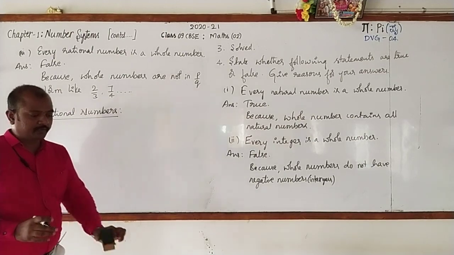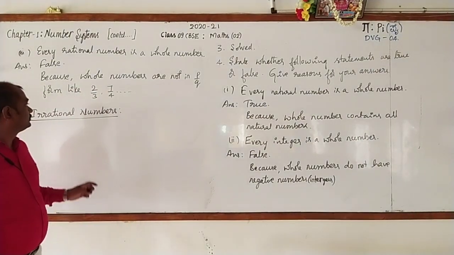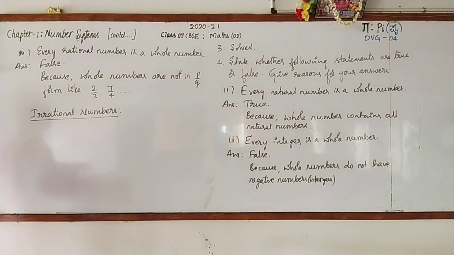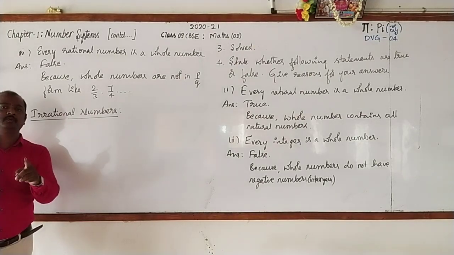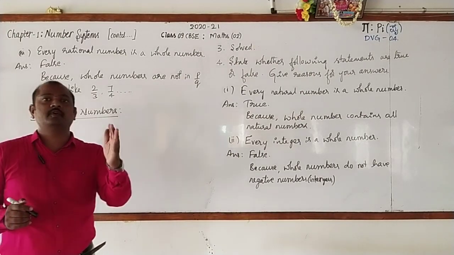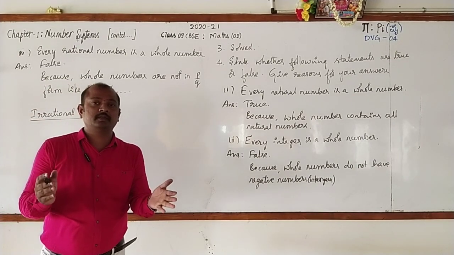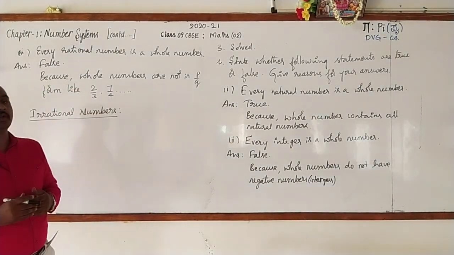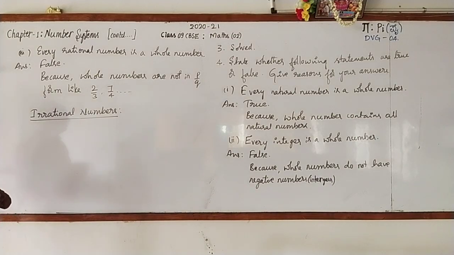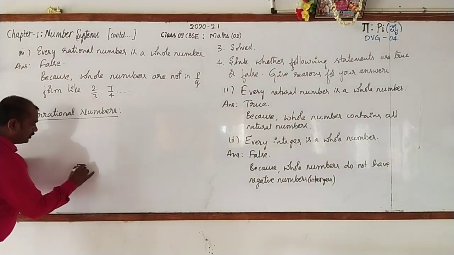Once I tell the definition, listen carefully. The numbers which cannot be expressed in the form of p by q, where p and q are integers and q is not equal to 0. For example, root 2.